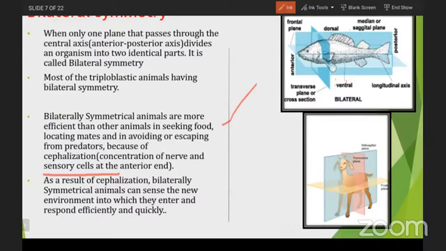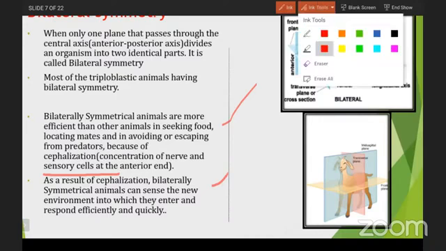As a result of cephalization, they can sense the new environment they enter and respond efficiently and quickly, due to the presence of the head region. So this is about bilateral symmetry.